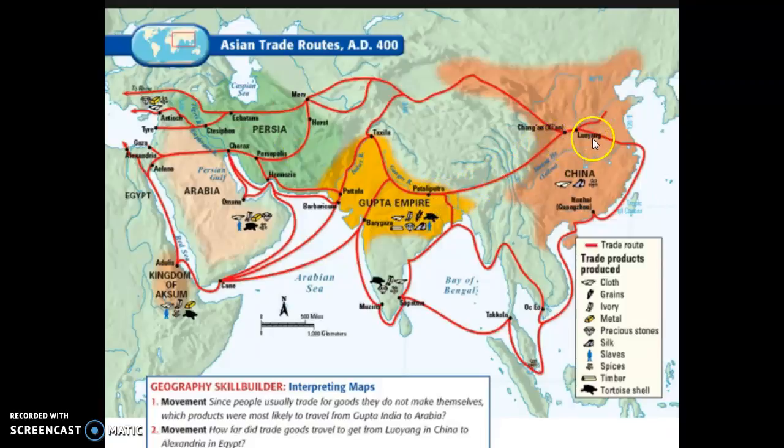Trade over to China, trade over here with Africa and the Middle East, the Persian Empire, so on and so forth. Trade also by water, China to India, so on and so forth.